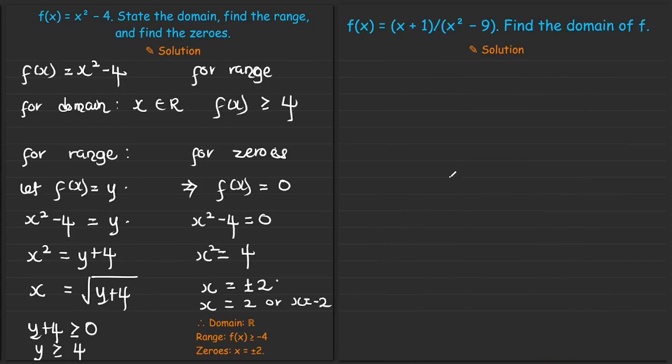For this fourth question we have, it says f of x equals x plus 1 all over x squared minus 9, and we have to find the domain.